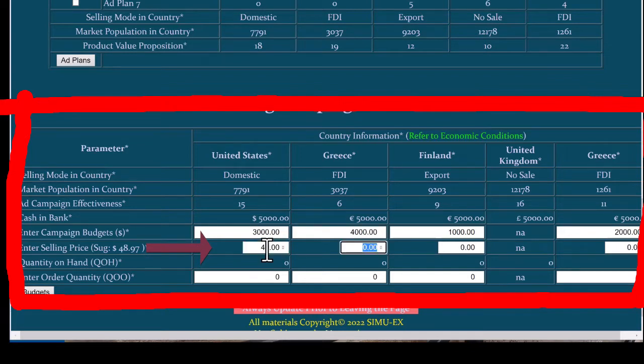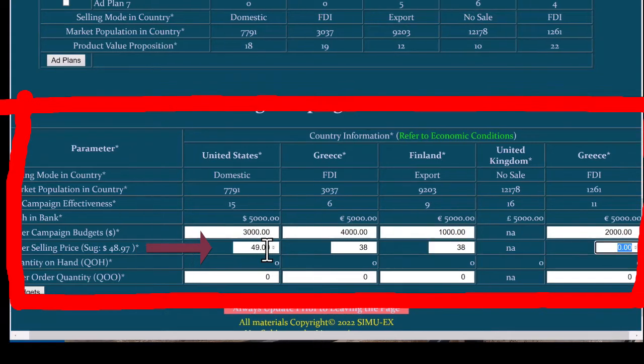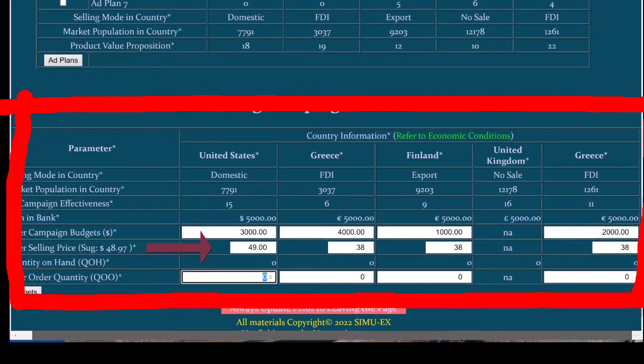Then the objective is to, based on the competition, based on the value proposition, based on the promotional budget, decide how much you will charge for this particular product. And so then you proceed to enter in the selling price in the targeted country or market.